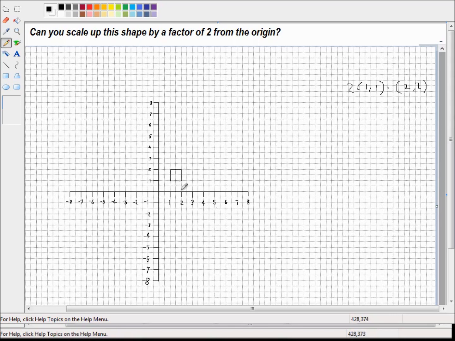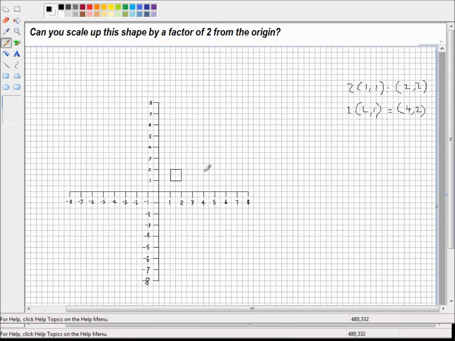Okay, so the bottom right is at point 2, 1. So we want 2 times 2, 1. And that's equal to 4, 2. 2 times 2 is 4, 2 times 1 is 2. So that's going to be at 4, 2. That's where the image is going to be.